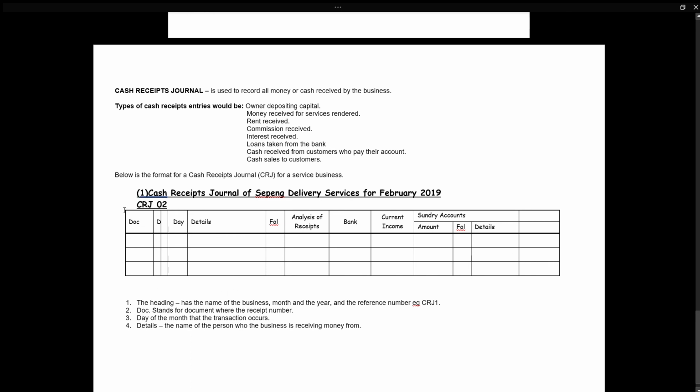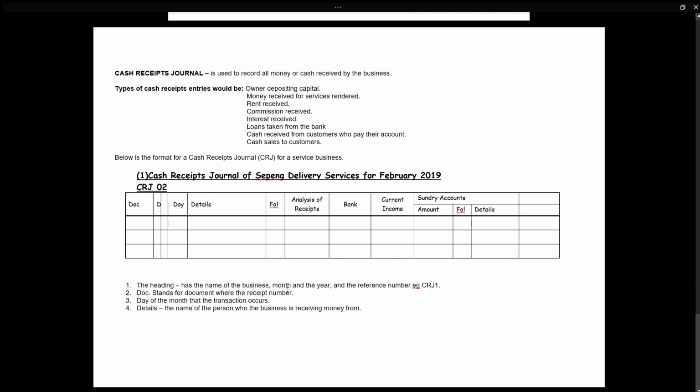We will do a bunch of this together, and I will put some examples of these transactions or these activities on my YouTube channel as well. So the heading has the name of the business, month and the year, and the reference number, cash receipts journal. The number normally indicates the month we're in, but not always. For example, February should have been 2.